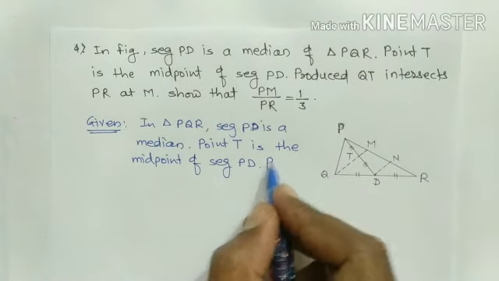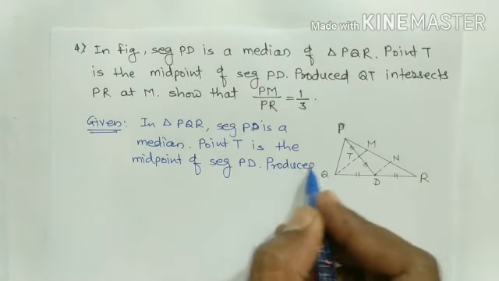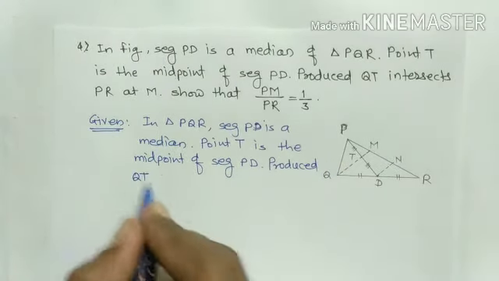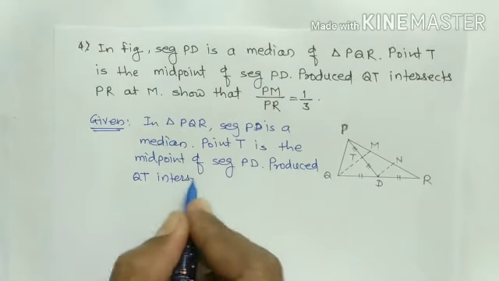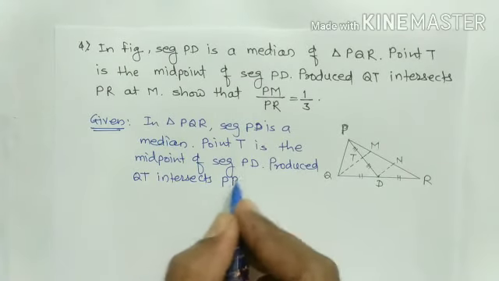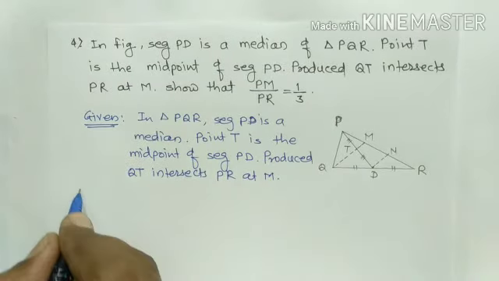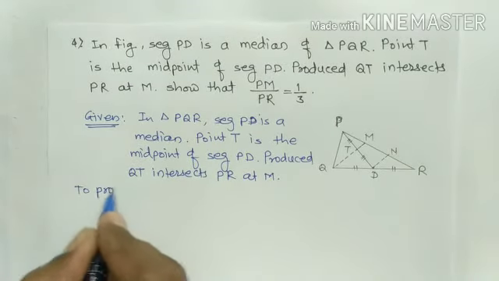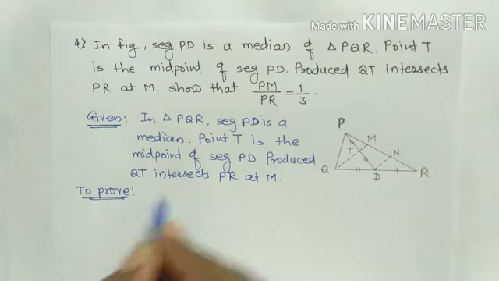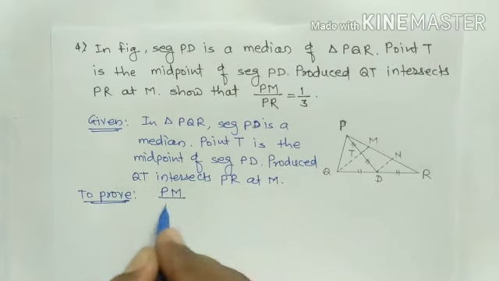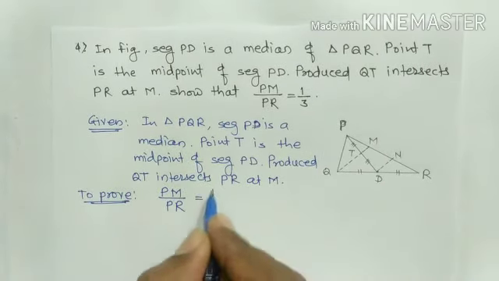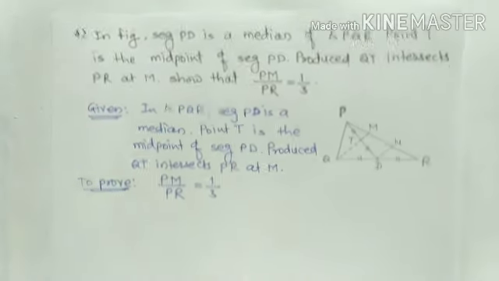Then produced QT intersects PR at M. Then to prove: what we have to prove here is PM upon PR equals 1 upon 3.